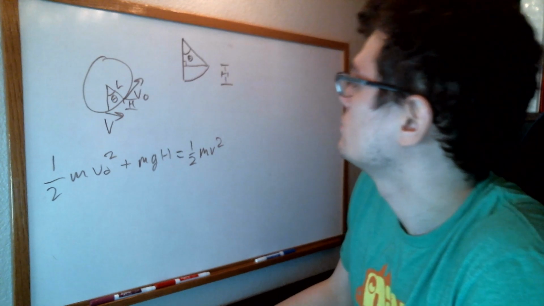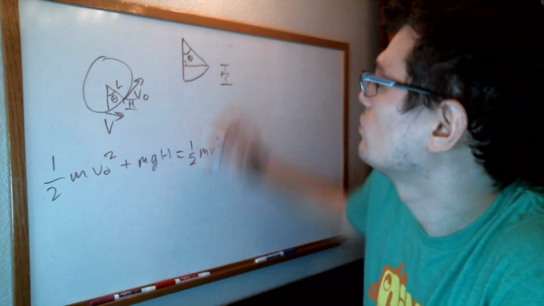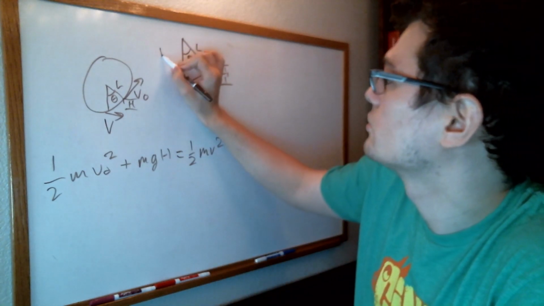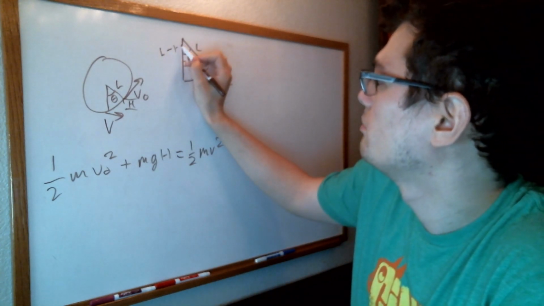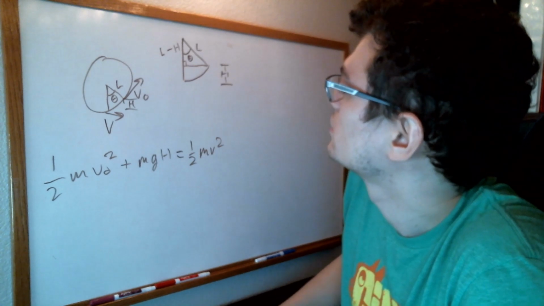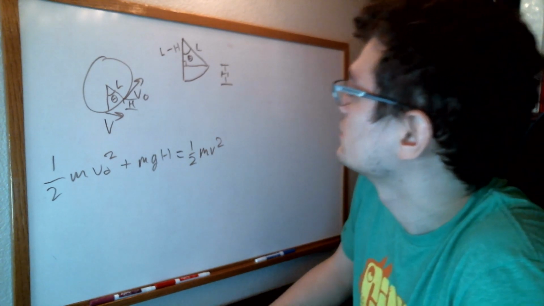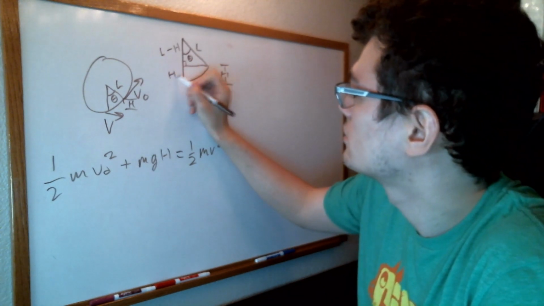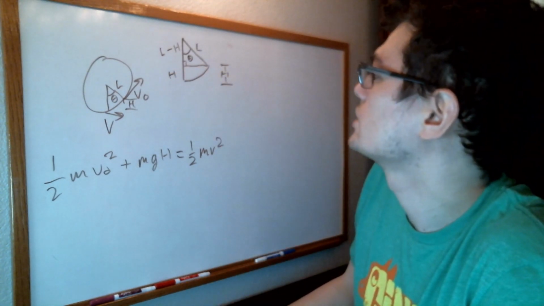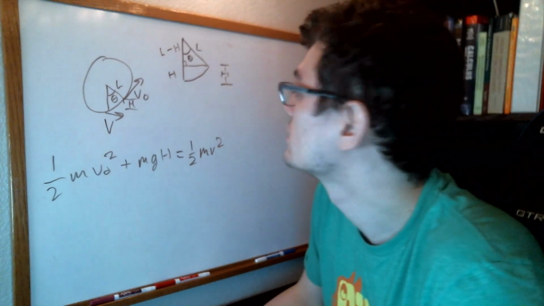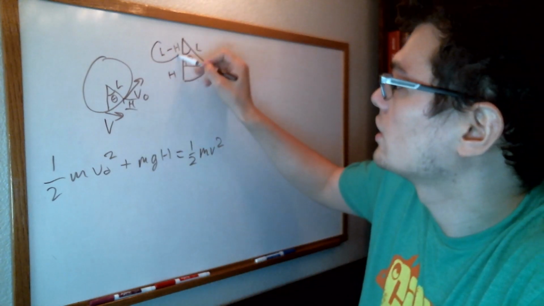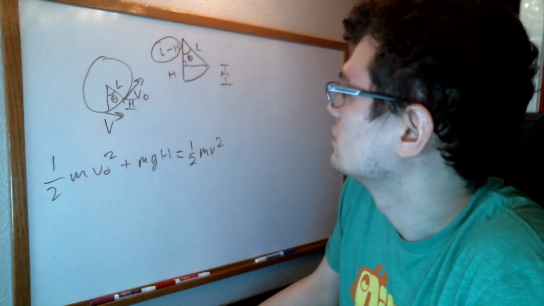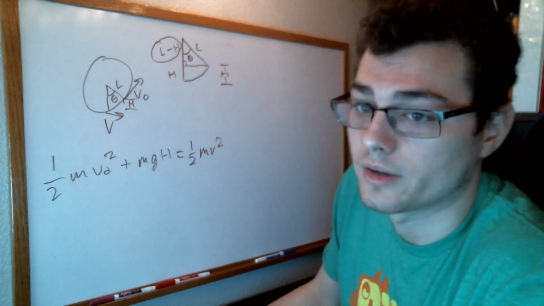Using theta and what L is, this part here is going to be L minus h, and this part here is h. And so using what L is and what theta is, we can find what the quantity L over L minus h is, and then we can solve that for h.